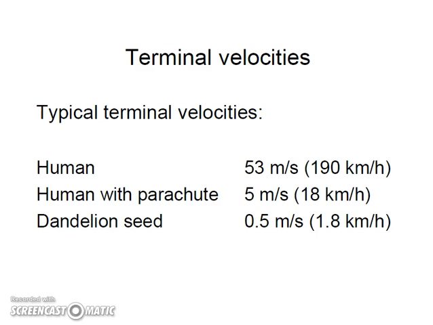And every object has a terminal velocity. A human being will eventually reach equilibrium, falling at about 190 kilometers per hour. A human with a parachute, about a tenth of that, so 18 kilometers per hour. And a dandelion seed, 0.5 meters per second.